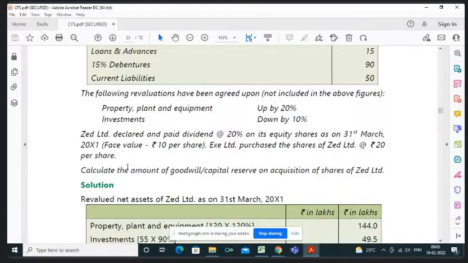Z Limited declared and paid dividend at 20% on its equity share as on 31st March 2011. Face value per share is rupees 10. X Limited purchased the shares of Z Limited at 20 per share. Calculate the amount of goodwill or capital reserve on acquisition of shares of Z Limited.